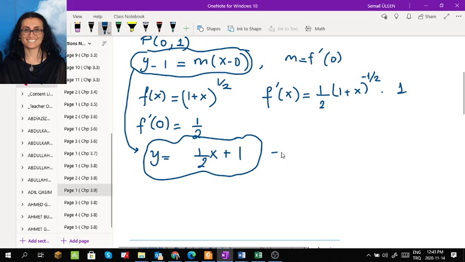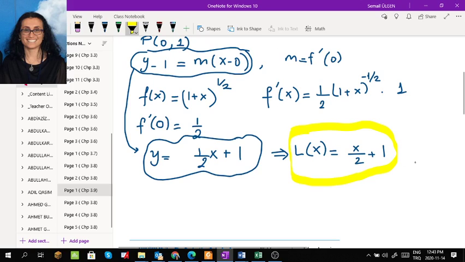So then my L of x is x over 2 plus 1. So that's the linearization. That's the final answer. Okay, done.